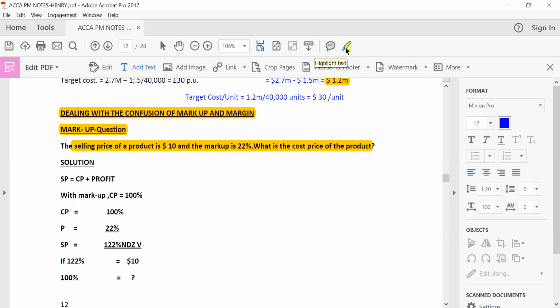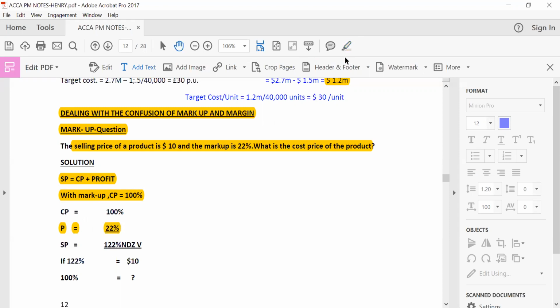Anytime we talk about markup, that means cost price is 100%. Right. So if with markup, cost price is 100%, we should recall that selling price is cost price plus profit. If the examiner is saying that the markup is 22%, then the profit element is 22%.